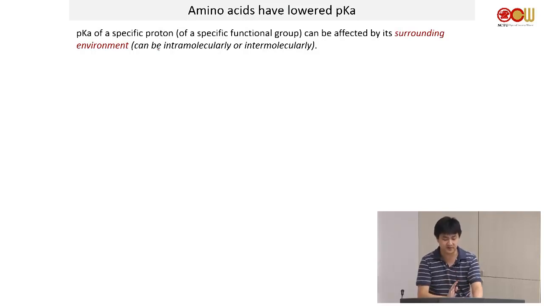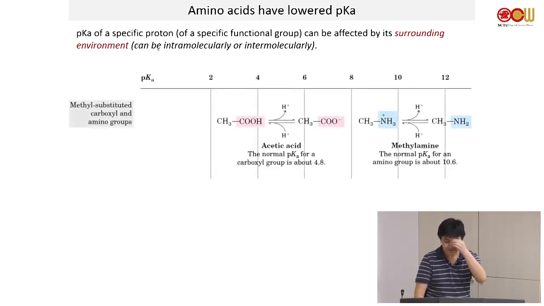So essentially, your proton is going to feel its environment. And this environment could be intramolecular or intermolecular. The environment could mean on the same molecule or what it's surrounded by.